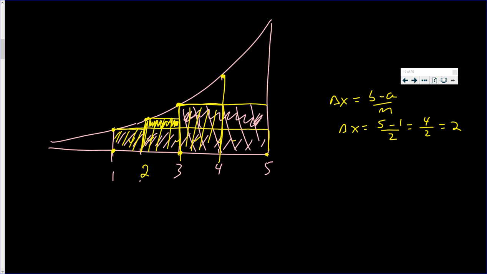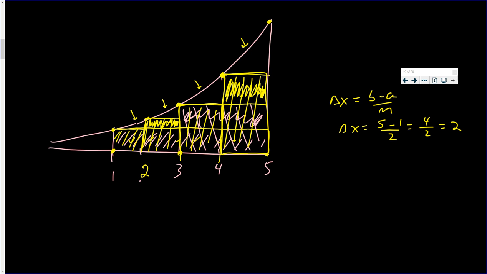But now, from 4 to 5, I pick between these 2 heights, I pick this height, and now I have this rectangle. So now I'm adding all of this. That is, I'm adding this extra. I added a lot more. My error is the black space there and here and here and here.